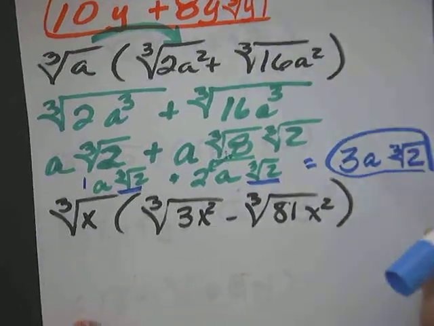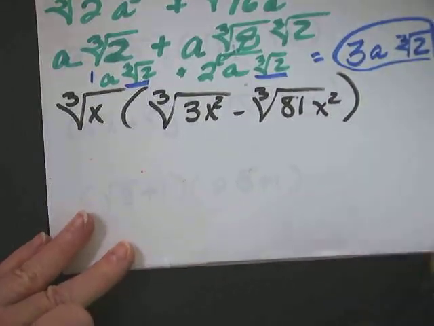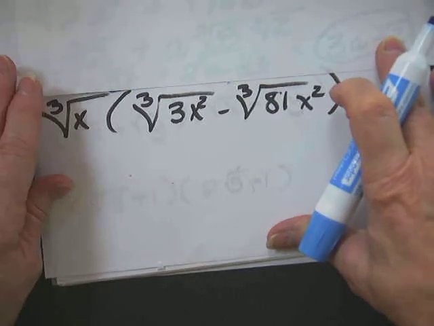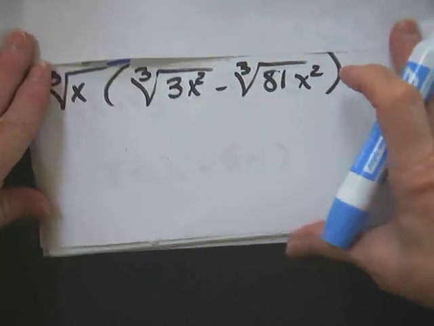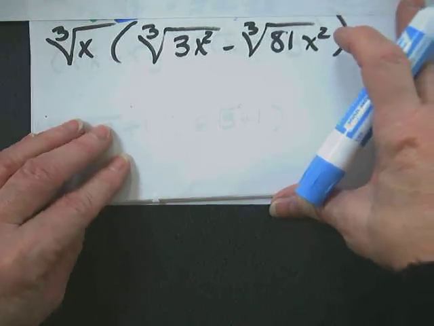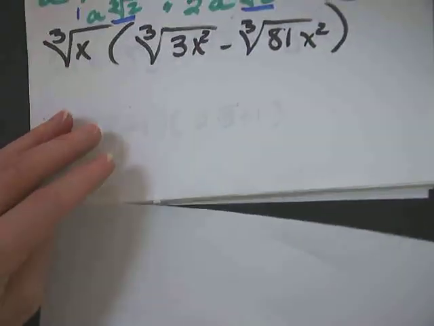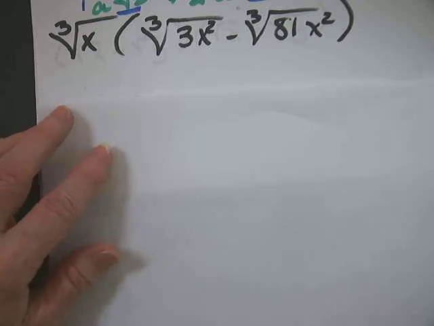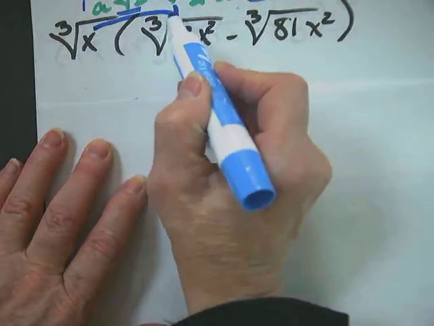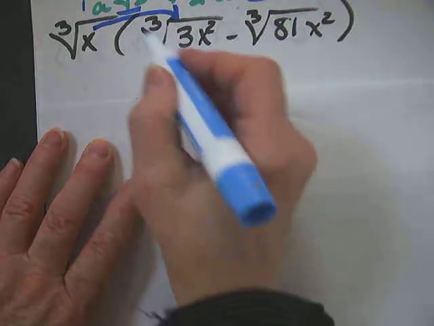Do we have like terms? They're both cube root of 2's, aren't they? So how many cube root of 2's do we have? You add the coefficients, we have a plus 2a. 1a plus 2a is 3a.